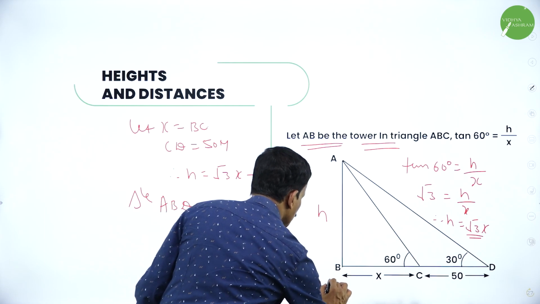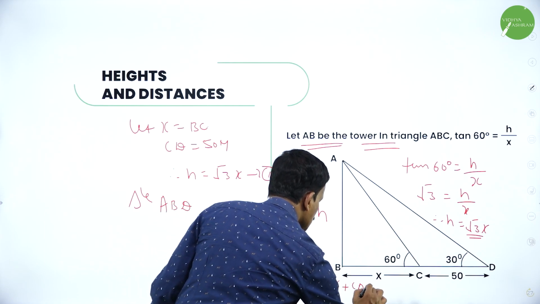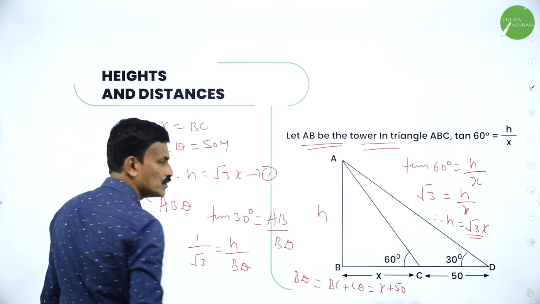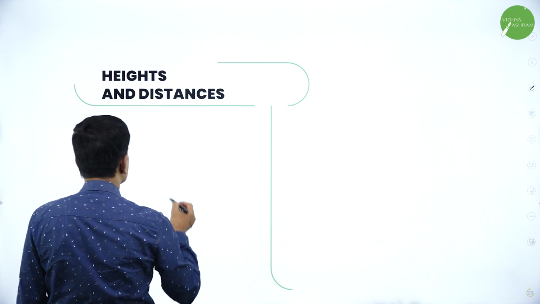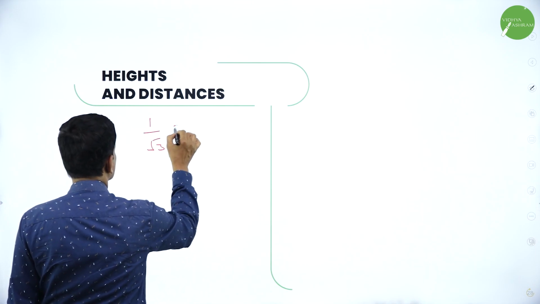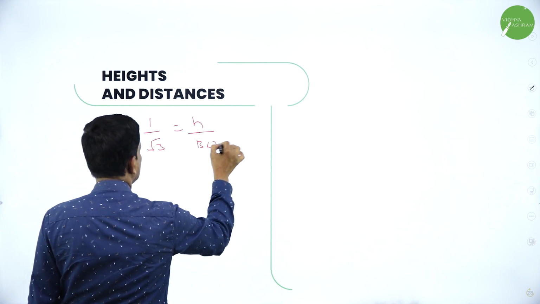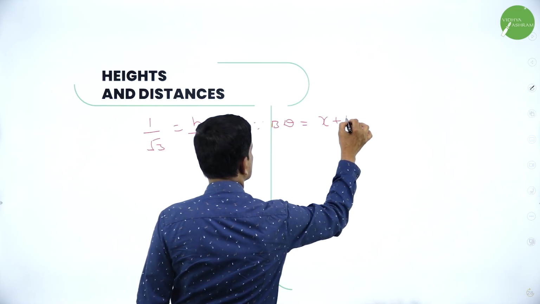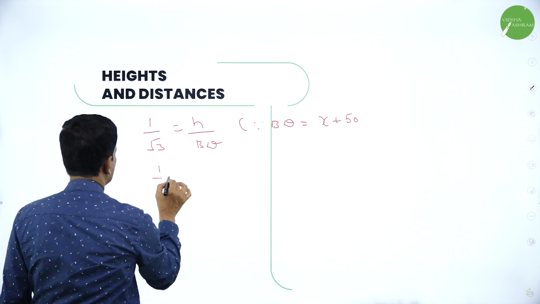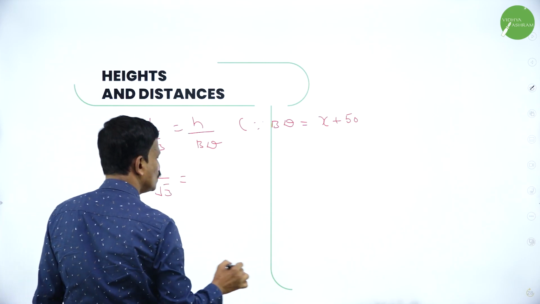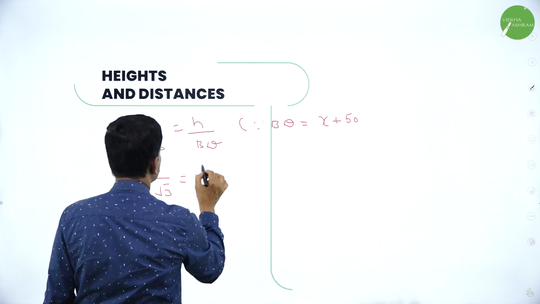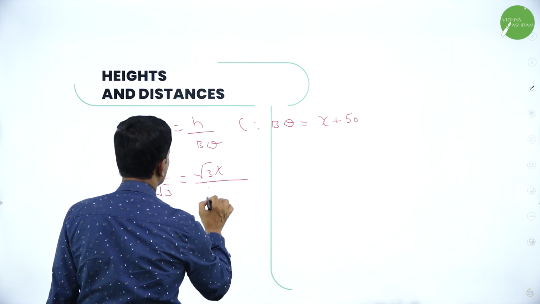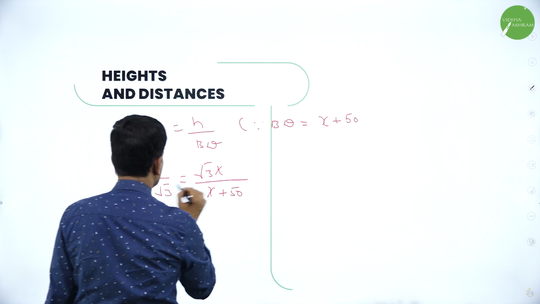BD is equal to BC plus CD, that is x plus 50. Substitute here. So 1 over root 3 is equal to h divided by BD, where BD is x plus 50. So 1 over root 3 is equal to root 3 times x divided by x plus 50. Cross multiply it. You will get the answer.